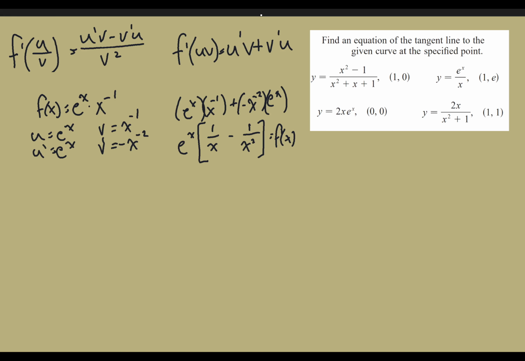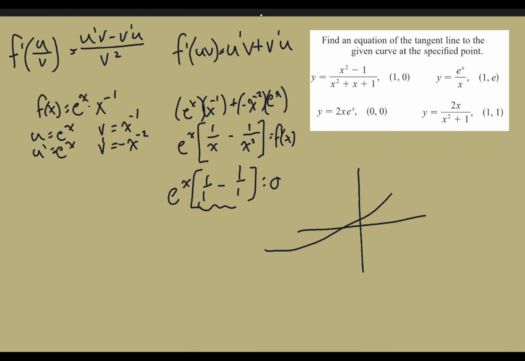They give us some values. We know that our x is 1, so it'd be e to the x times 1 over 1 minus 1 over 1. Well, that's 0. So our slope there is 0, which means whatever e to the x over x does, here's our point 1, e.